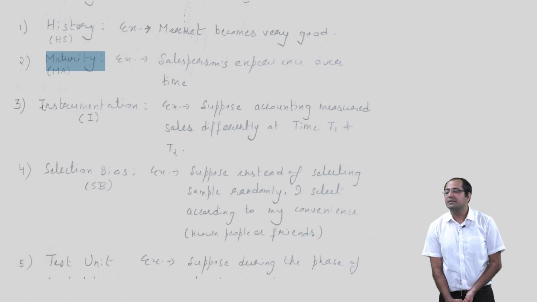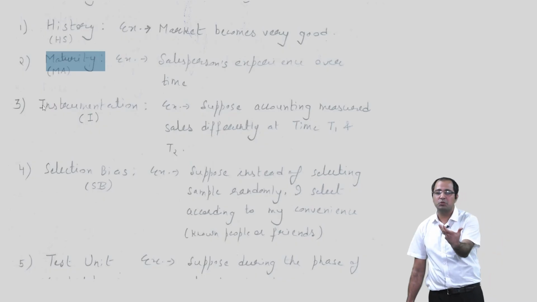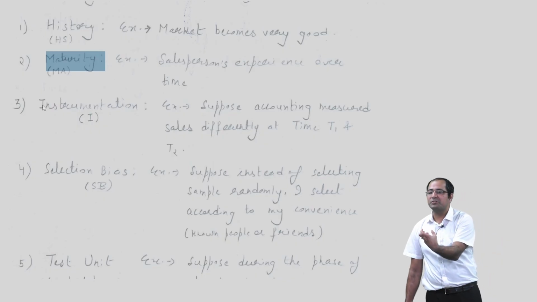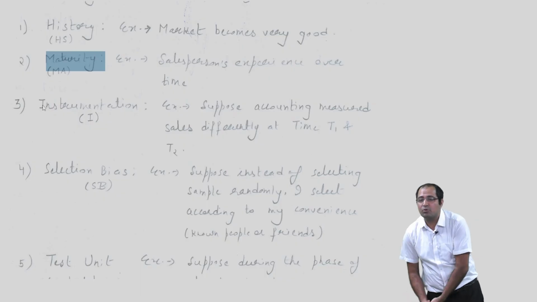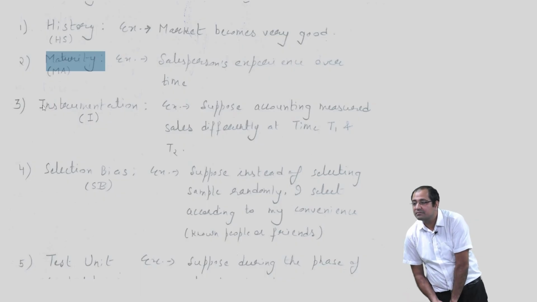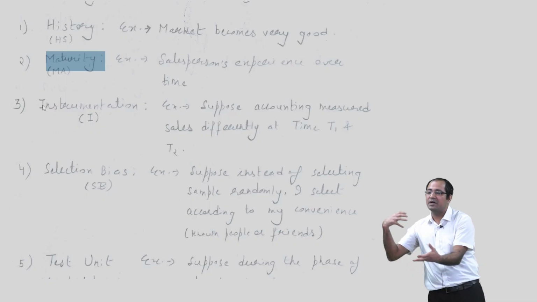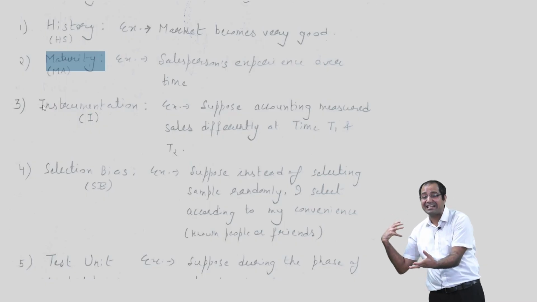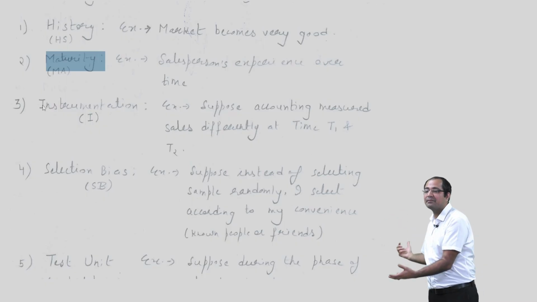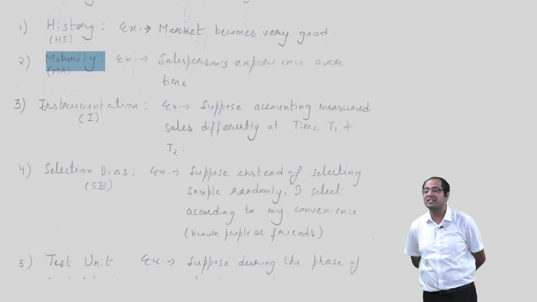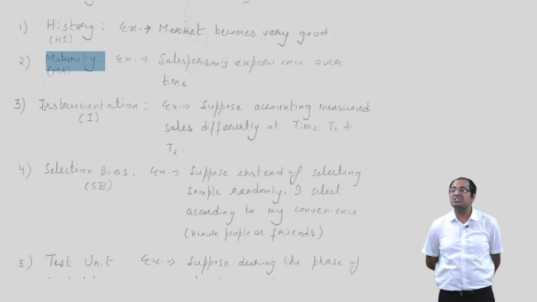Instrumentation is something like, let's say you want to see whether a particular weight training program has an impact on your weight. You measured your weight on a particular machine, went for a weight training regime, and then came back, but now you are measuring on some other machine. So that is a change in instrumentation.